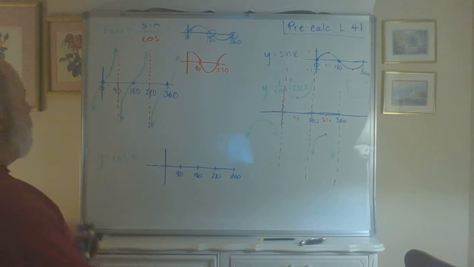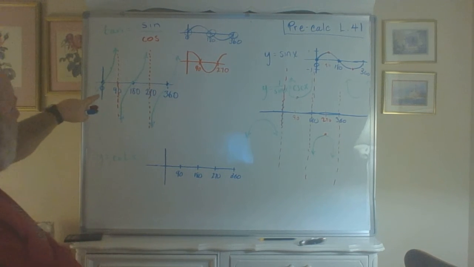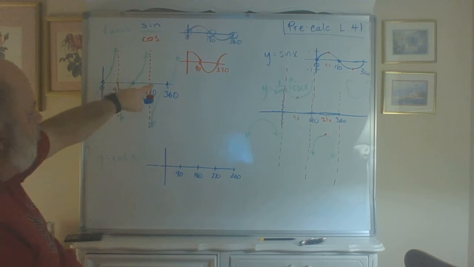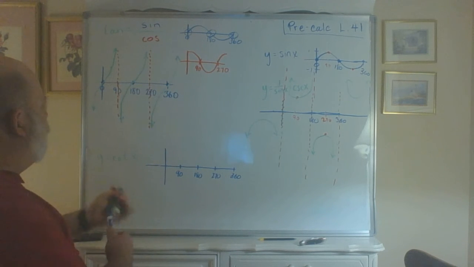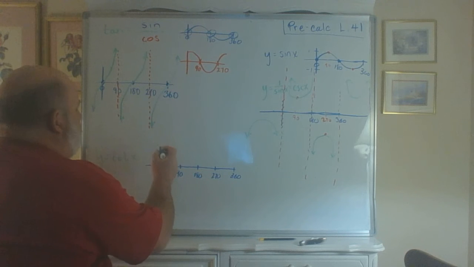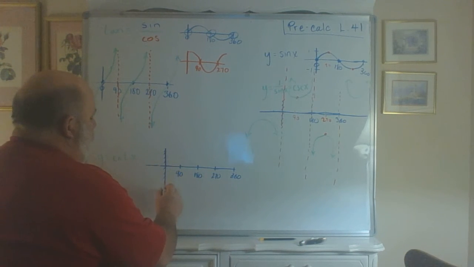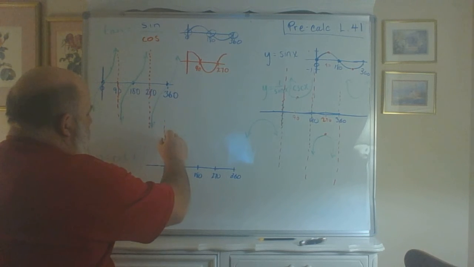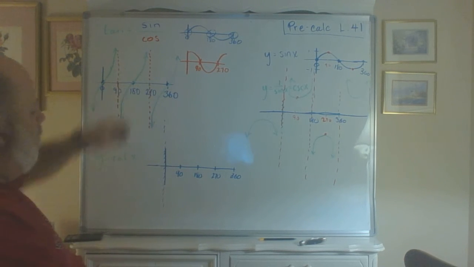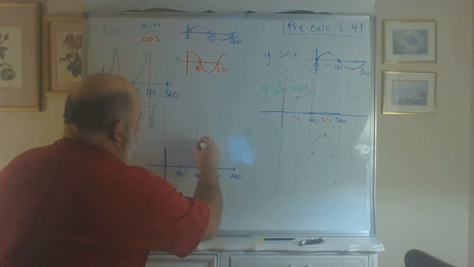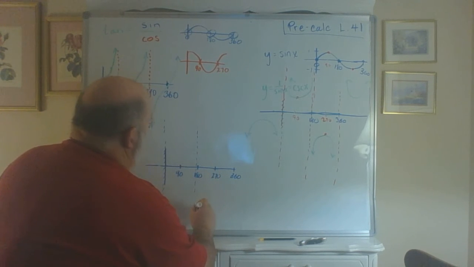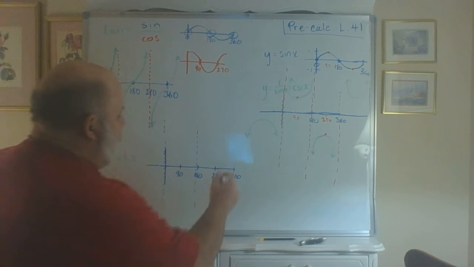So, let's keep them the same color. Wherever there's a 0 in the tangent function, we will get a pole in the cotangent function. So we're going to get a pole at 0. We're going to get a pole at 180. We're going to get a pole at 360.